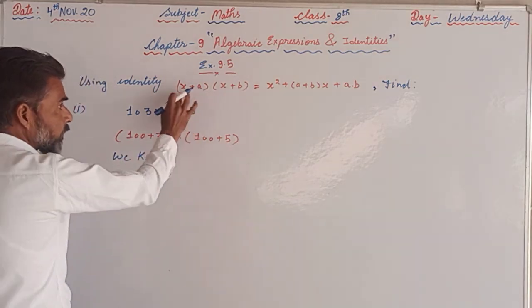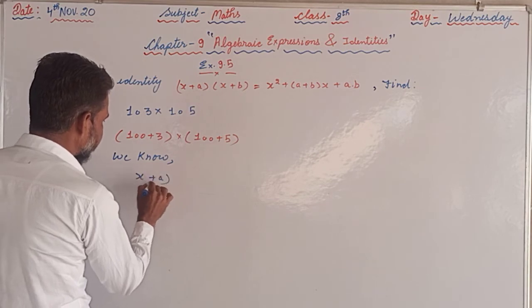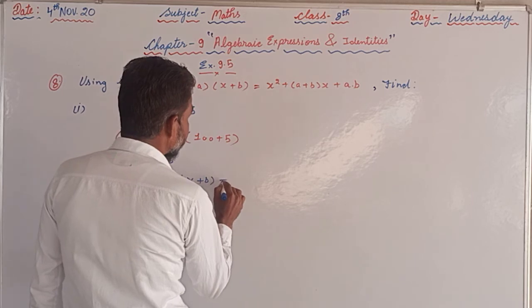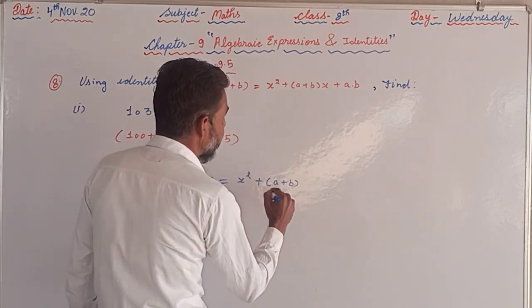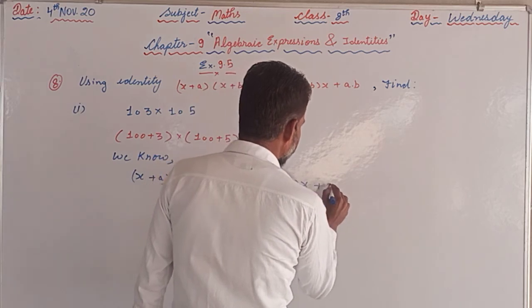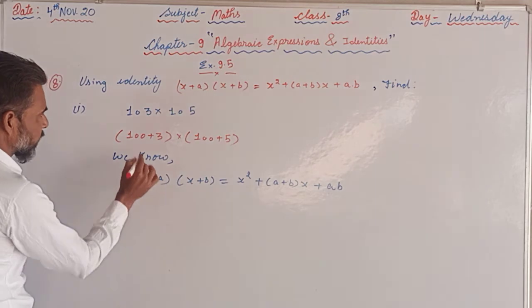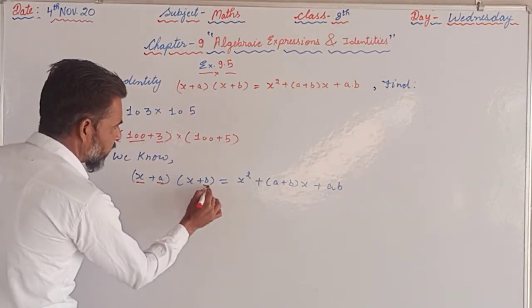which identity we know, this, because we are supposed to use it here: x plus a into x plus b is equal to x square plus a plus b into x plus ab. So now we are supposed to substitute the values, x means 100 and a means 3 and b means 5.